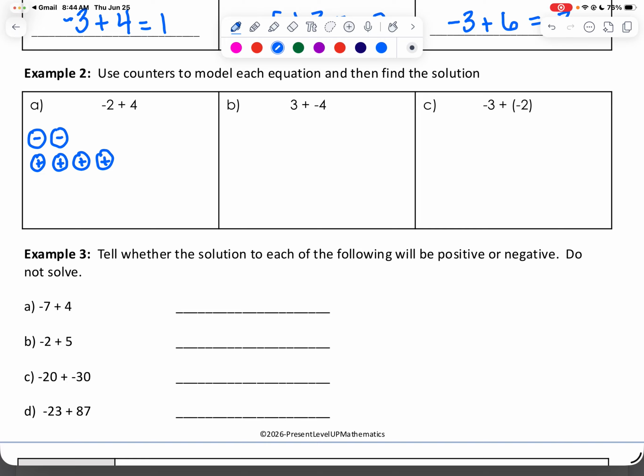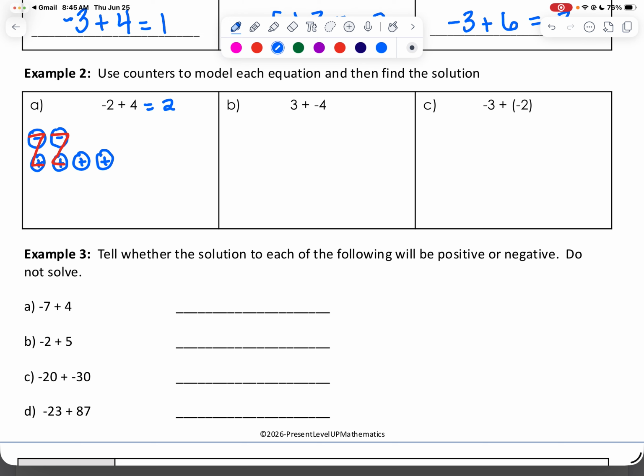Now we've drawn the model. Now we're going to zero out anything we can zero out. This zero pair would zero out, and this pair would zero out. Whatever's left over is your answer, and we have 2 positive. So -2 plus 4 equals positive 2.